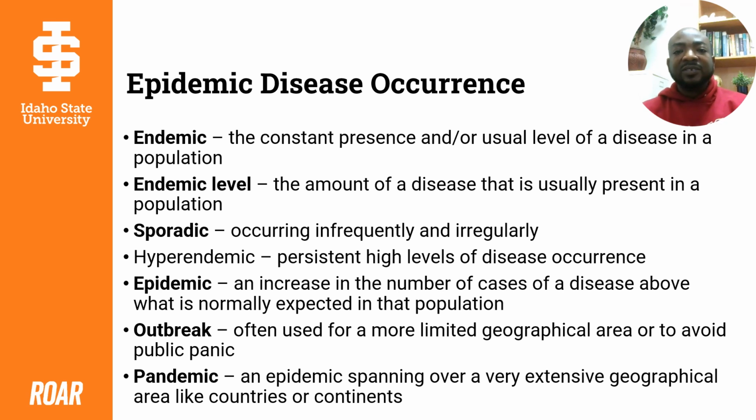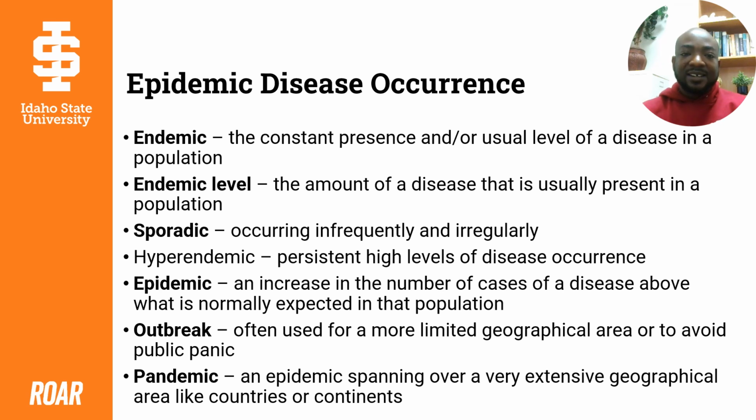Occasionally, the amount of disease in the community rises above the expected level, and so an epidemic refers to an increase, often sudden, in the number of cases of a disease above what is normally expected in that population and in that area at that time. Outbreak carries the same definition as epidemic, but is often used for a more limited geographic area and sometimes to avoid public panic.